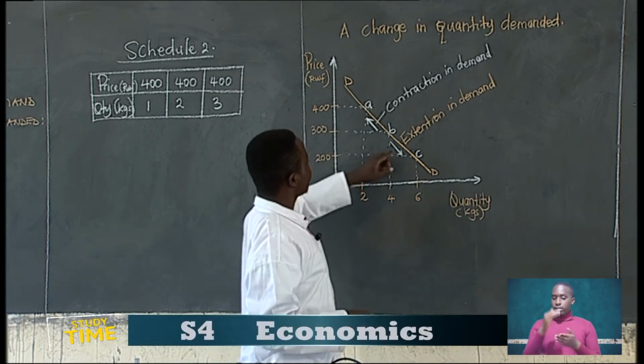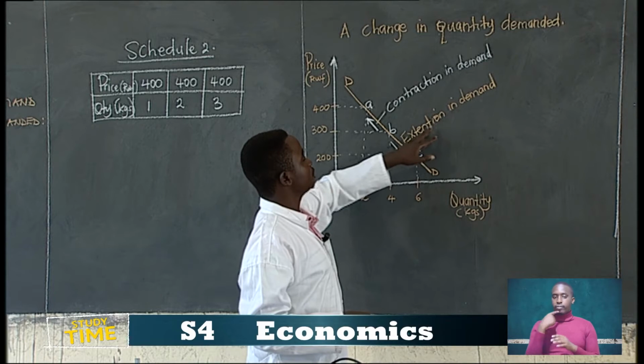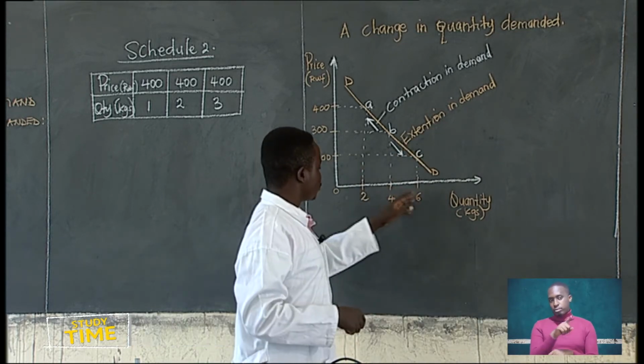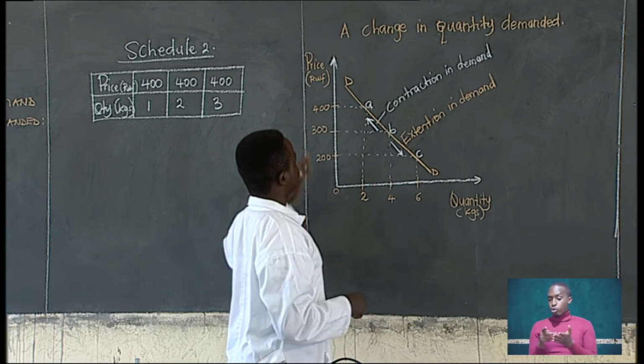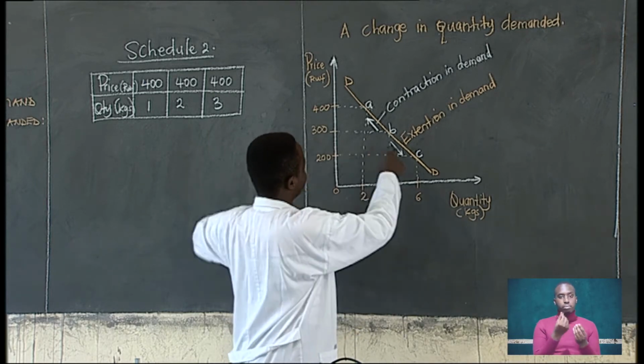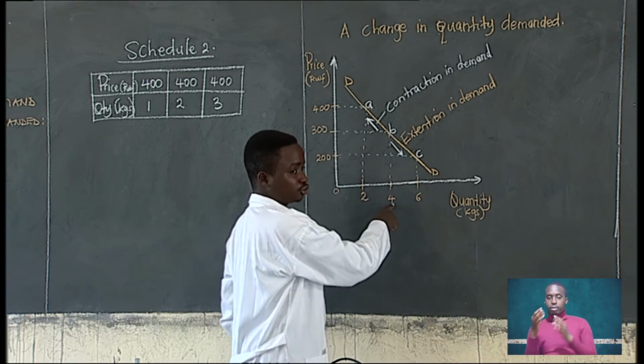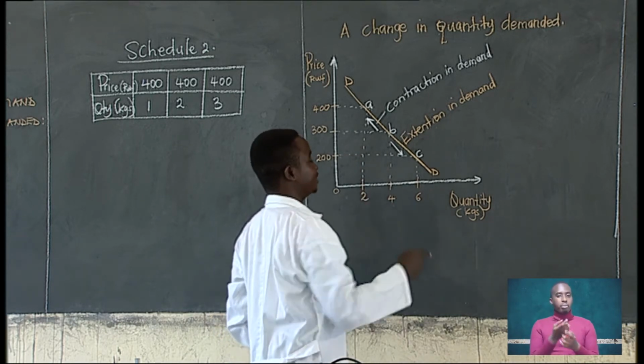When you say an extension in demand, it means the consumer responded to the price reduction: the price reduced from 300 to 200, then quantity demanded increased from 4 to 6, by 2 units.